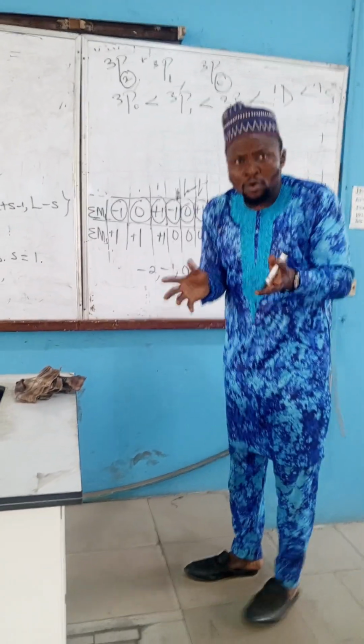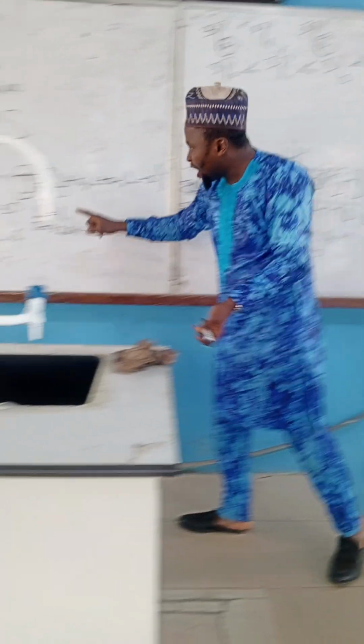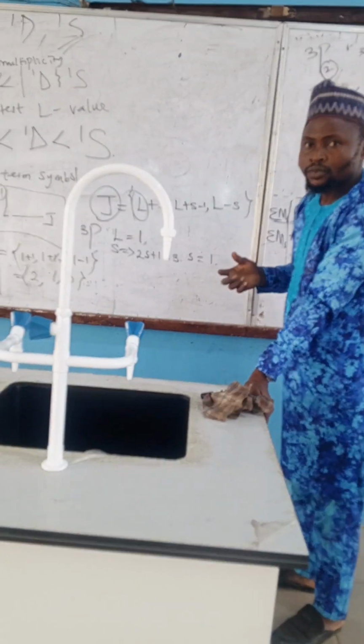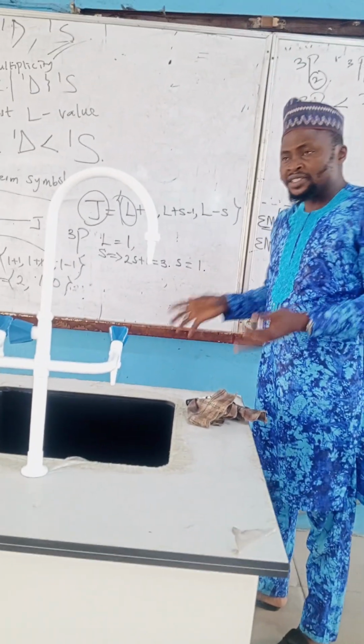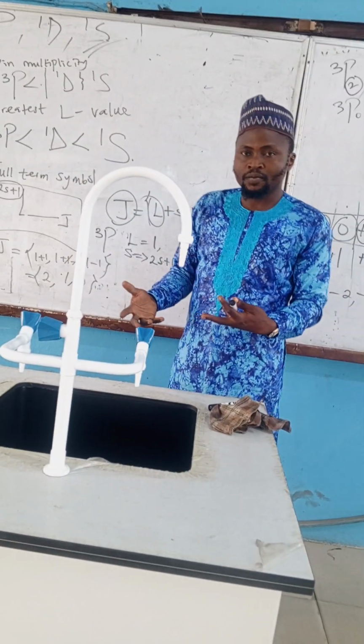If anything wants to go wrong, just look at this example that I gave you. This J value is a function of destabilization. The higher the value, the higher the destabilization.